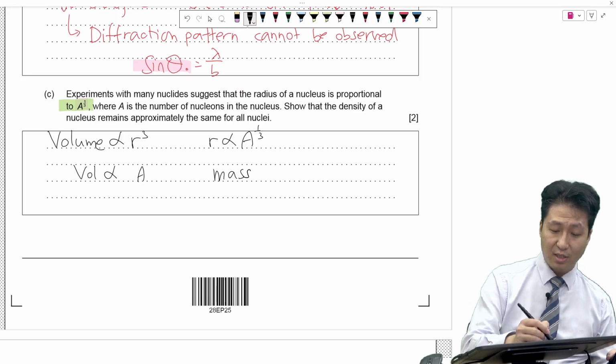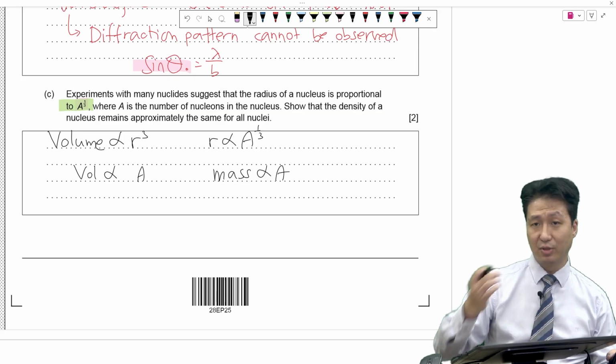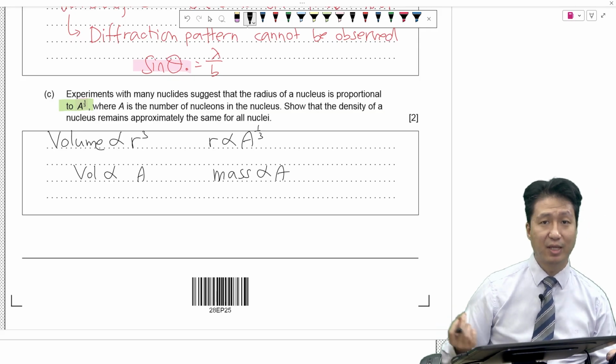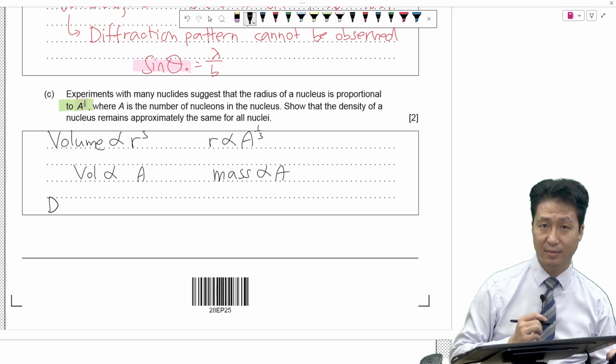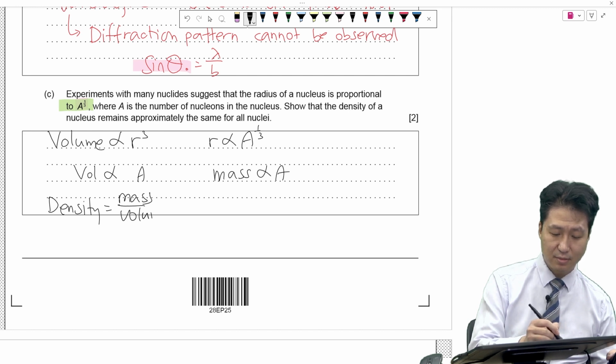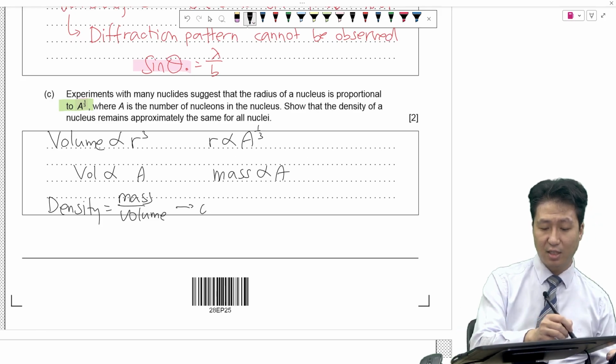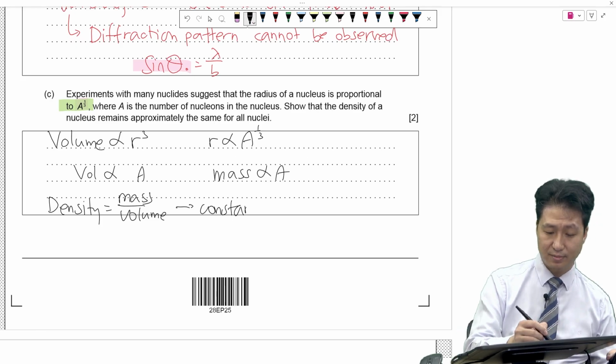Second part, the mass is also proportional to the number of nucleons. Double the number of nucleons, you would probably double the mass as well, approximately. Density is equal to the mass over the volume, which would be constant if these two relationships are true.